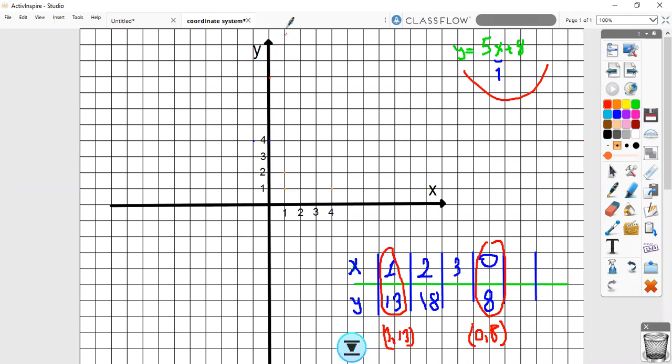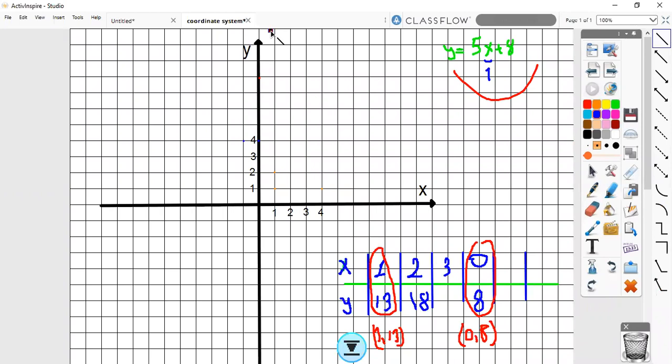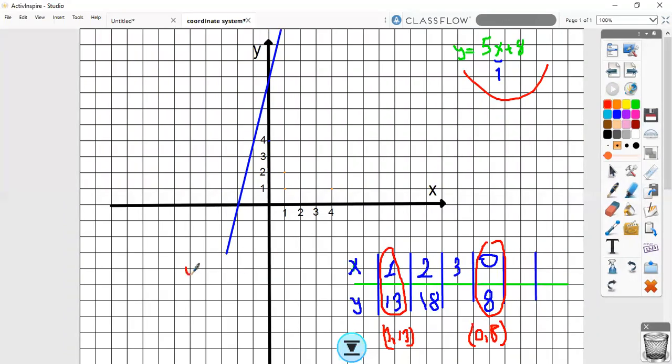It exits my screen, so I am going to put it here somewhere. Then I am going to join these 2 points and draw my graph. This is y is equal to 5x plus 8.